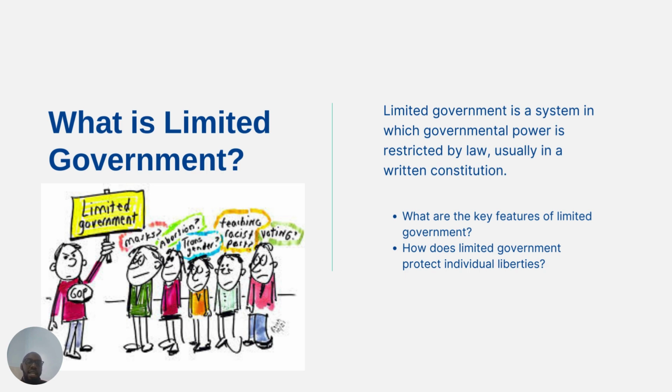In this case, limited government is a theory of governance in which the government has only those powers delegated to it by law, often through a constitution, which we all know. So a government's authority is prescribed and restricted by all these laws, and individual rights are protected against government intrusion in the availability of a constitution.